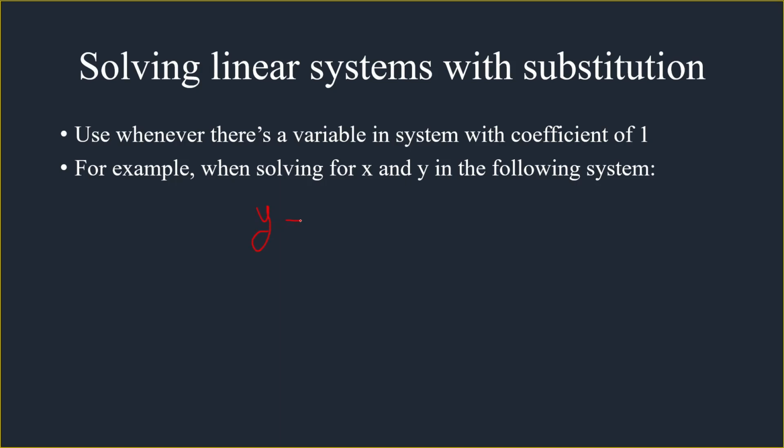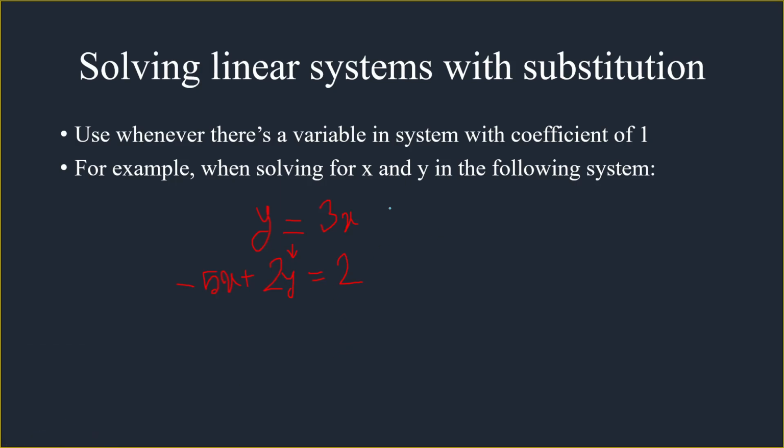Let's assume we have y equal to 3x. Here the coefficient of y is 1, and let's assume we have another equation, negative 5x plus 2y equal to 12. How can we solve this with the substitution method? We can see y's value is given here: y is equal to 3x. So if we put the value of y in this line, we can solve it.